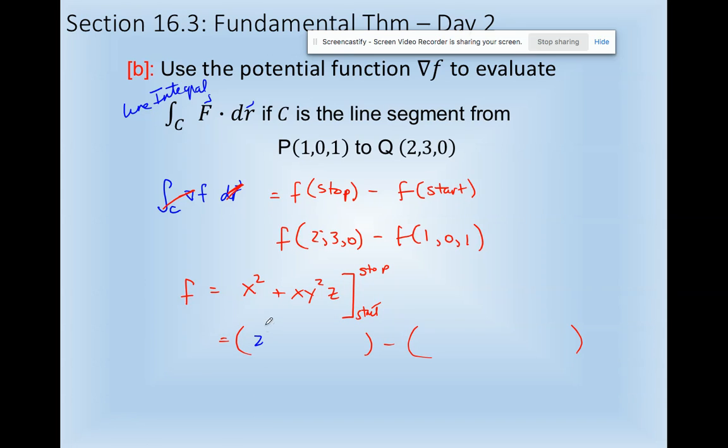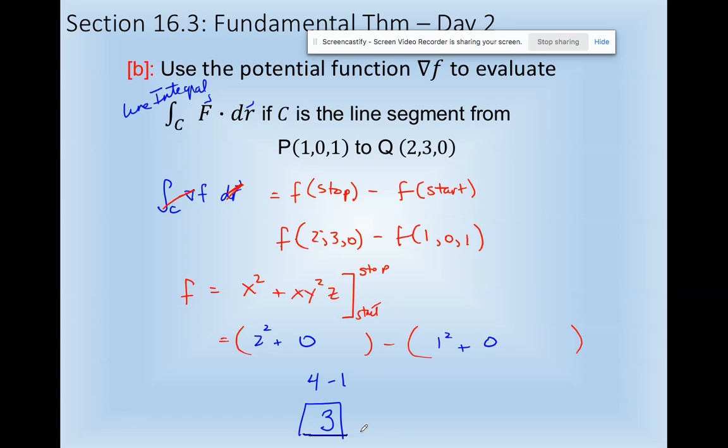So 2 squared plus 2 times 3 squared times 0 is just going to be 0, right? Minus 1 squared plus 1 times 0 squared plus I don't care is also 0. 4 minus 1, aka 3.